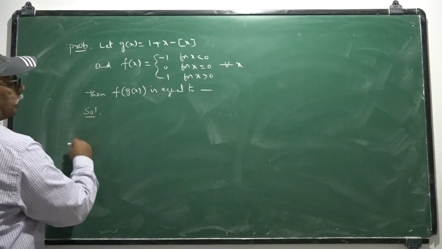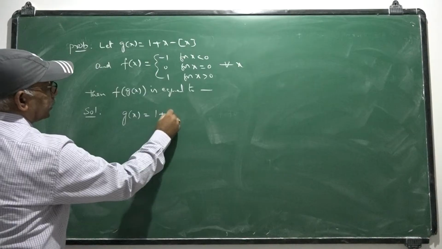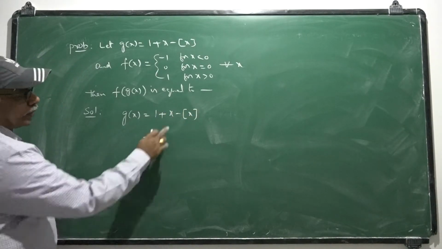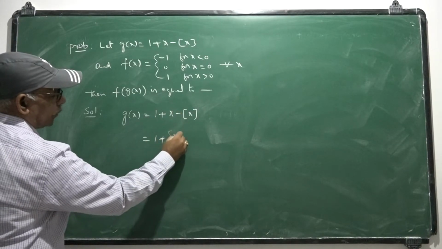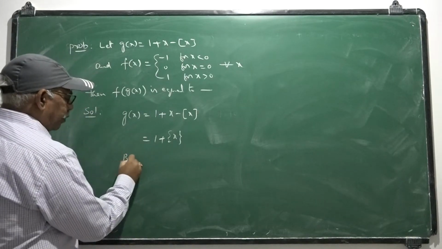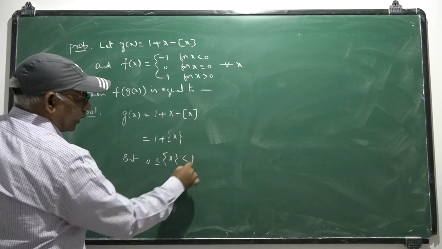This is a very simple problem. g(x) is 1 + x - [x]. x minus the integer part gives us the fractional part of x. But the fractional part of x lies between 0 and 1.